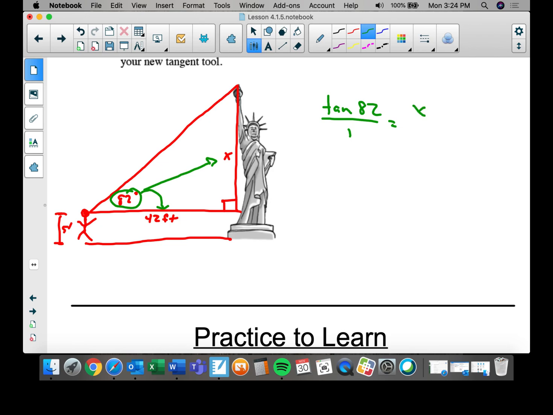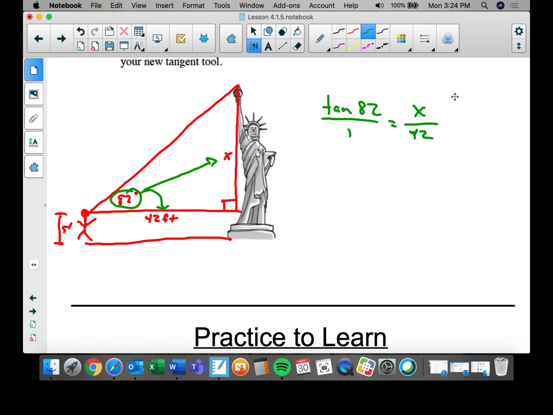In this case, x over 42. Unfortunately, I can't use the Pythagorean theorem to solve this one, because I do have a right triangle, but I only know one side, not two. This is where the tangent comes into play. If you're working with the legs of the right triangle and you know one of the two and an angle measure, you can set up a tangent ratio.